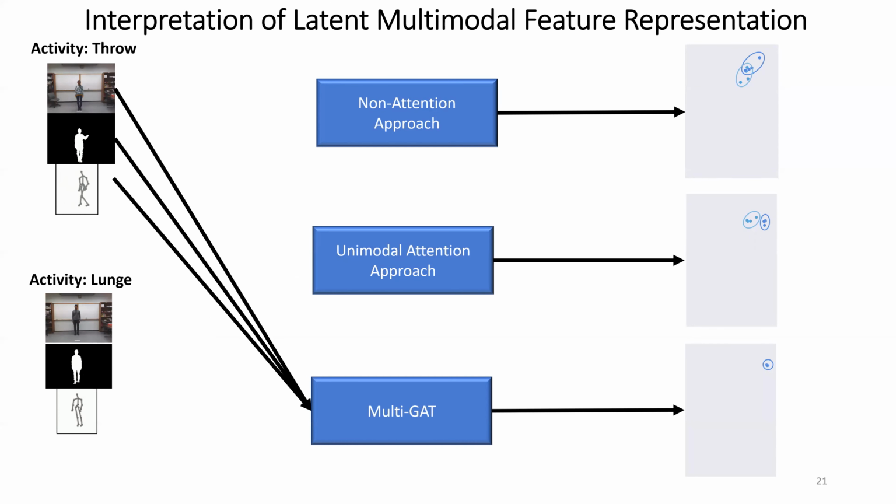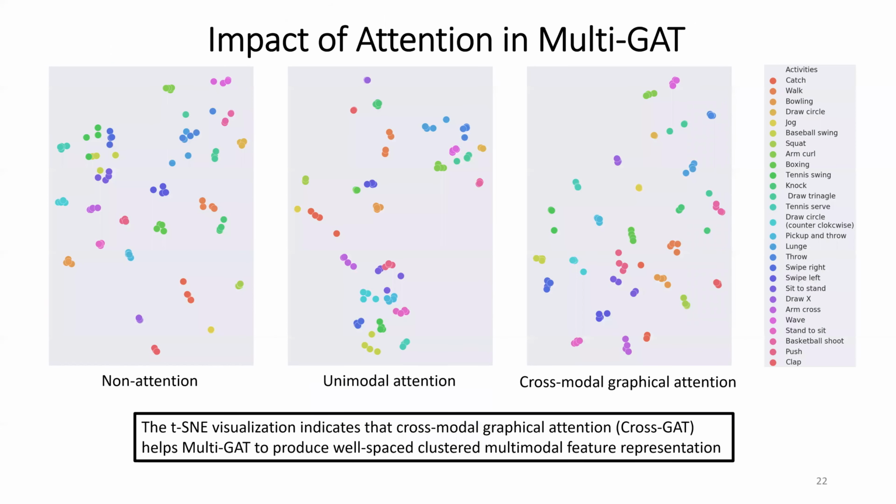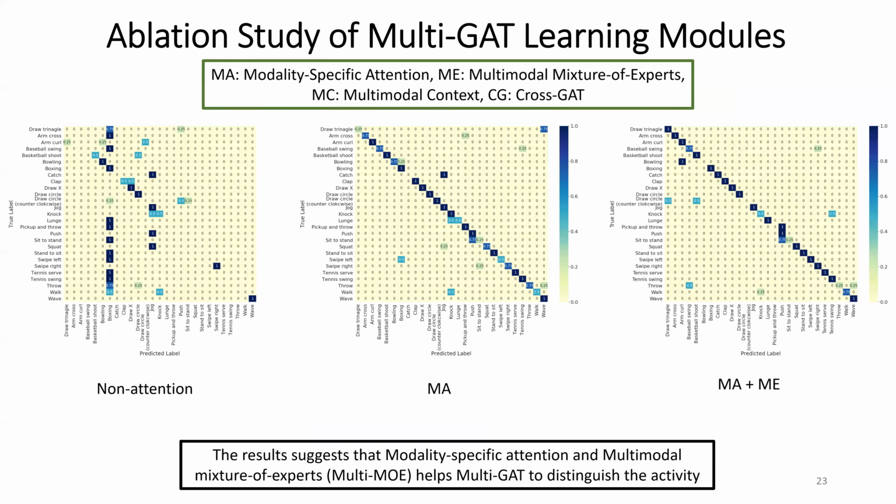But when we introduce the Multi-GAT, it appropriately produces well-spaced clustered representations. And when we also consider the other activities, it is easily noticeable that our proposed cross-graphical attention approach produces well-spaced, distinguishable multimodal features.